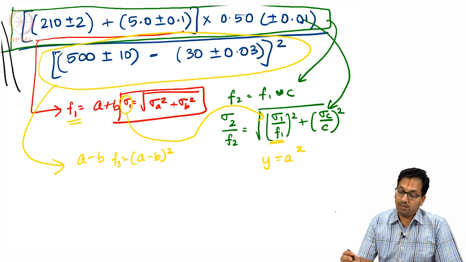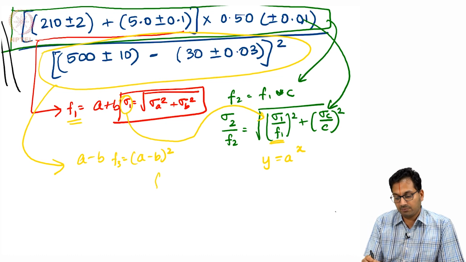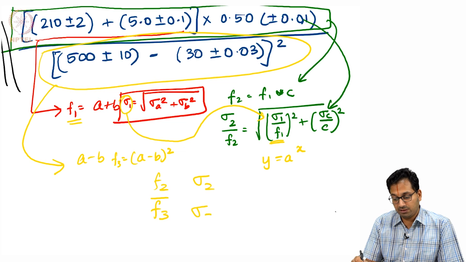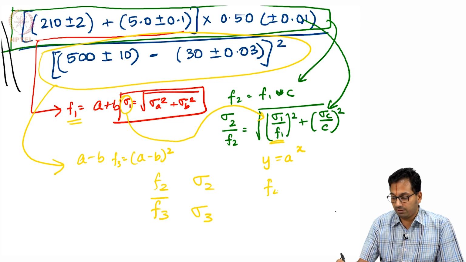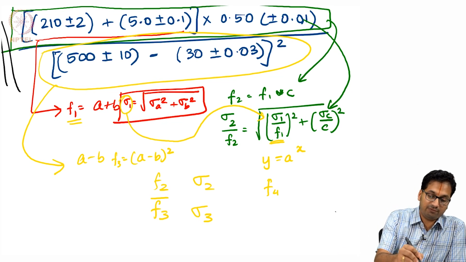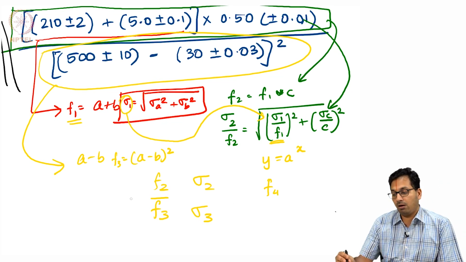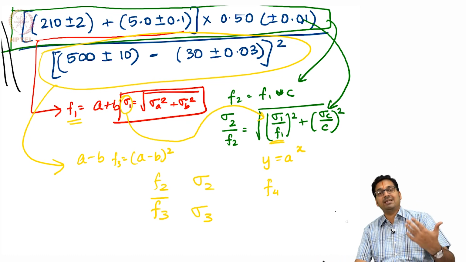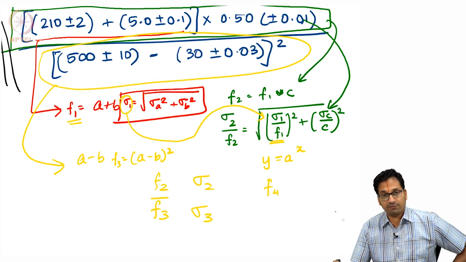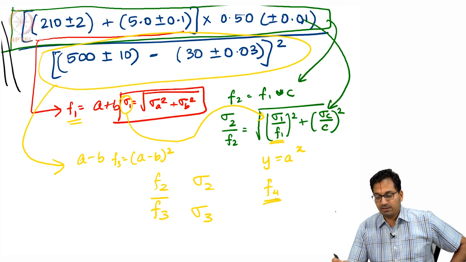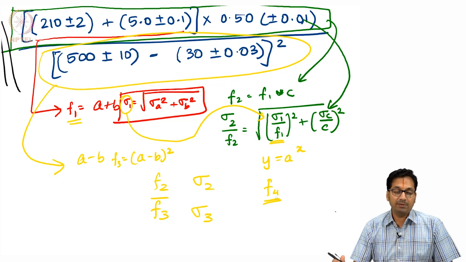Once you have gotten f2 and f3, you are having something like f2 divided by f3, and each of this is associated with a certain error. So, finally you will be able to get what is f4, let us say that is where we started with. So, f4 will be given by the sum of all of these different errors, sum in the sense like the way you determine each one of this sigma, final sigma that is associated with f4 will be the overall measurement.